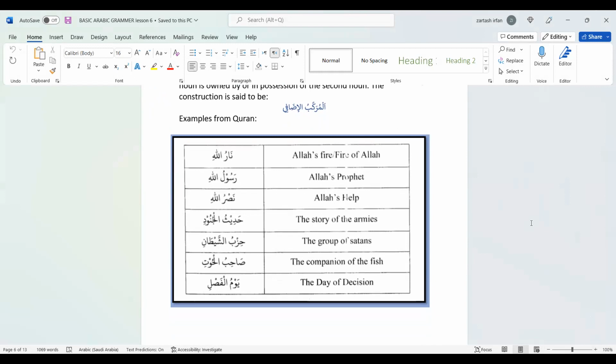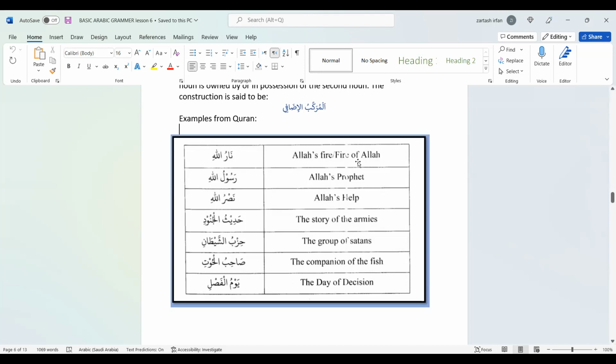This possession is a construction of words. It contains two words, one is mudaf and the other is mudaf ilayhi. The first noun is the mudaf and the second noun is mudaf ilayhi. Here nar, the fire, and Allah: see the mudaf ilayhi, it will always be in the state of jar because it will always have a kasra.